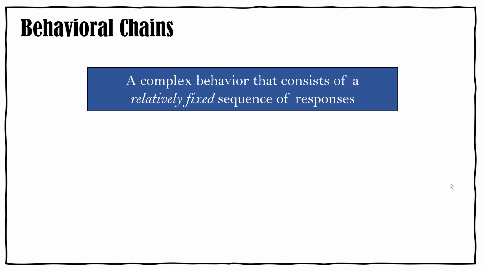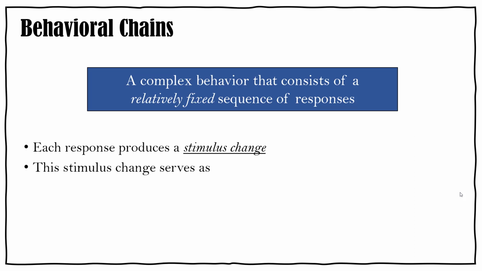Okay, let's get into chaining. So chaining is used to teach more complex behaviors, and these behaviors typically consist of a relatively long sequence of responses. Basically, each response produces a stimulus change, or a change in the environment, and that change serves two functions.